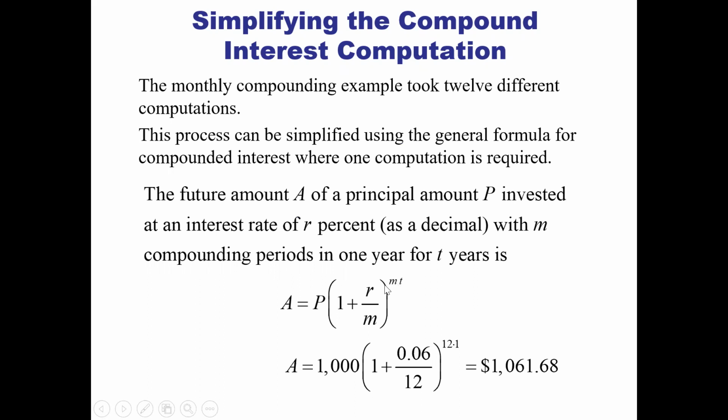In our case, when we did it 12 times, every month, we had 1,000 times 1 plus 0.06 divided by 12, to the 12 times 1, because t was just 1. If t had been 25, you'd have a much bigger number when you get done. But with just that 1, it just raises it to the 12th power.